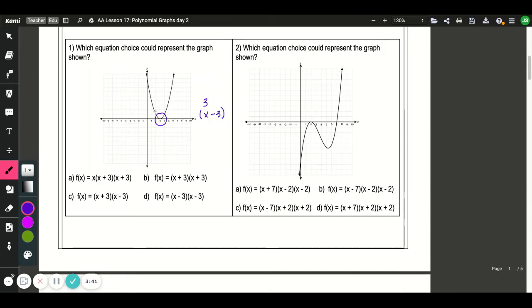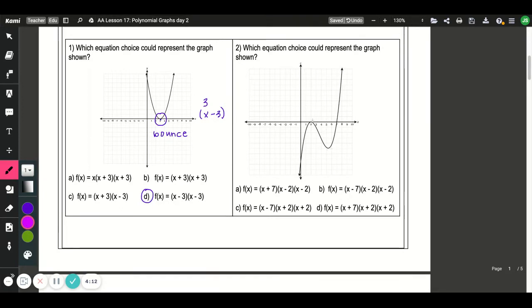But remember I told you that if it hits and bounces back off, that's called a bounce. And that means that that number is a solution twice. So that means that x minus 3 is a factor 2 times, which would mean our answer is D right here. X minus 3 and then x minus 3 again. Having 2 of them is what creates that bounce right there.